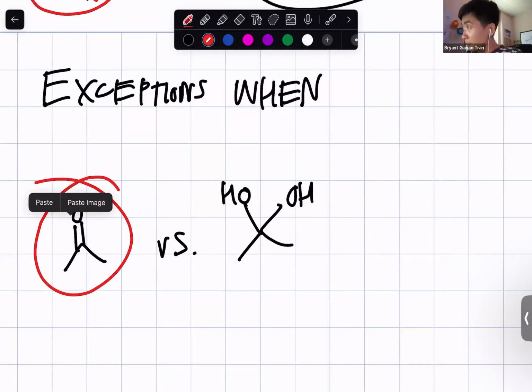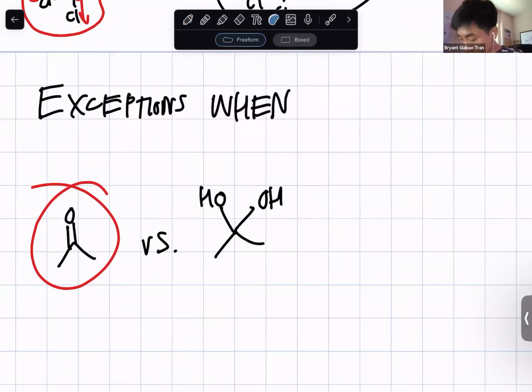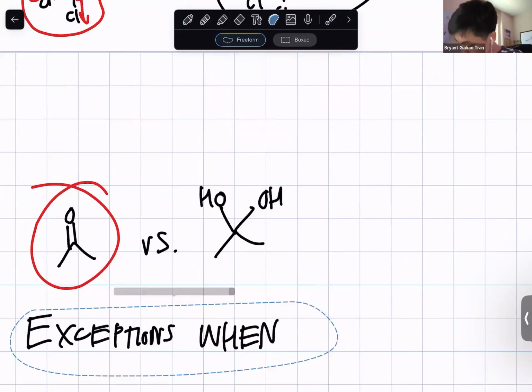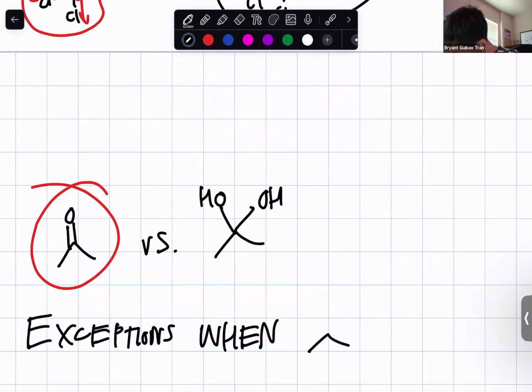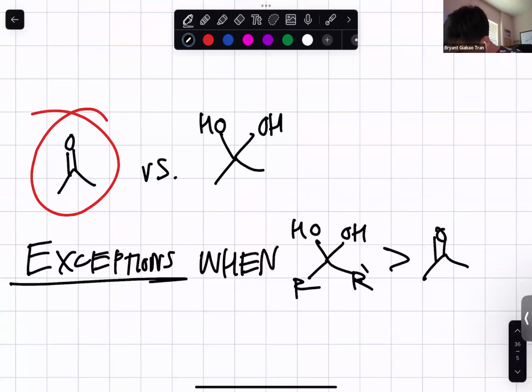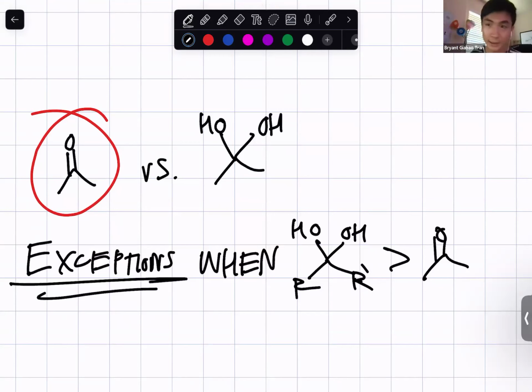But there are some exceptions when the geminal diol is more stable than the carbonyl. And here are the exceptions. Let me just get to my notes to get to those exceptions.